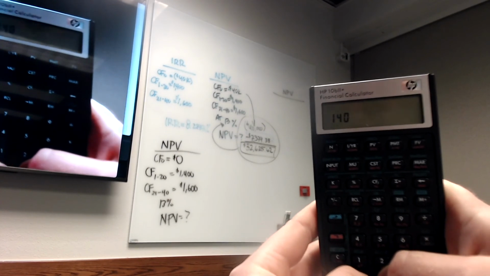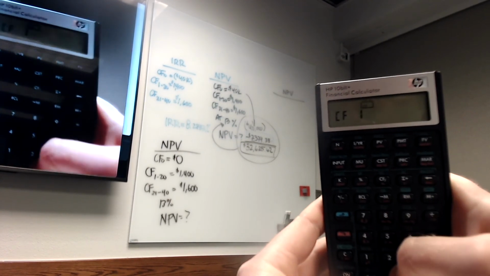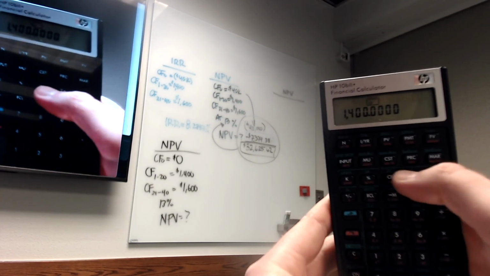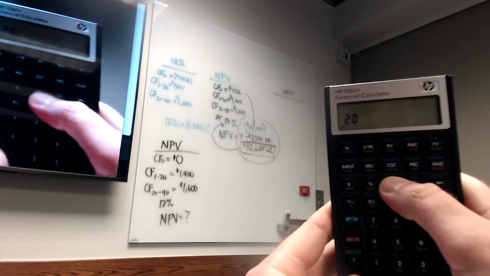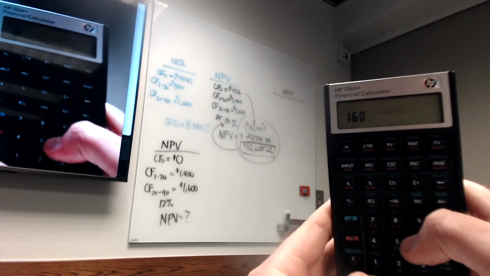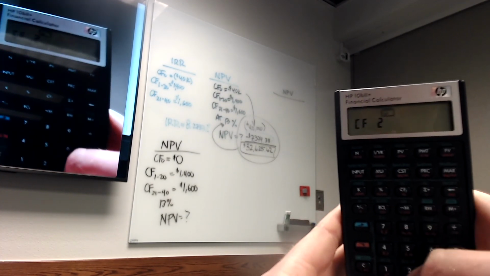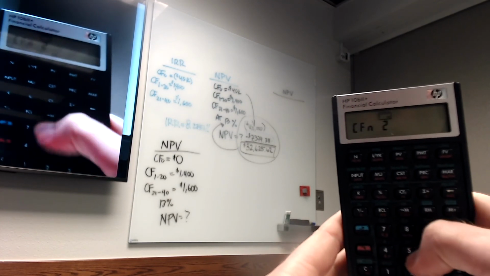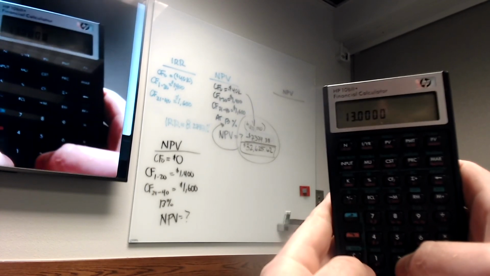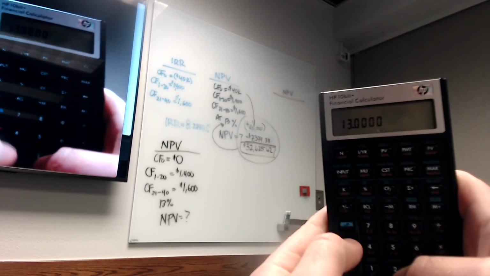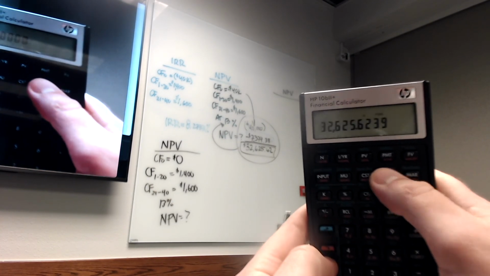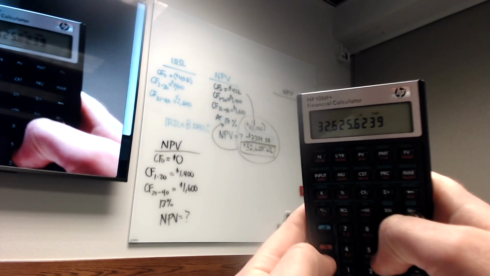Cash flow 1 through 20 is going to be 1,400. So we put in 1,400, CFJ, then 20, shift, NJ. And then our CF 21 through 40 is going to be 1,600, CFJ, and then 20, shift, NJ. We need to put our 13% discount rate, so 13 IYR, shift, and then under the PRC button is our NPV. You get your 32,625.